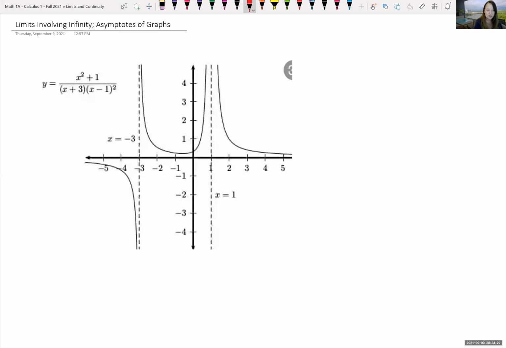Recall, vertical asymptotes occur at some x equals a if, let's put this in terms of limits, the limit as x approaches a from the left-hand side of f of x goes to either positive or negative infinity.